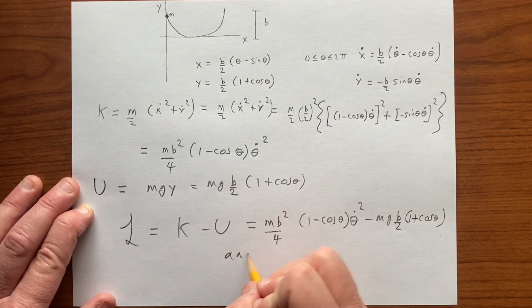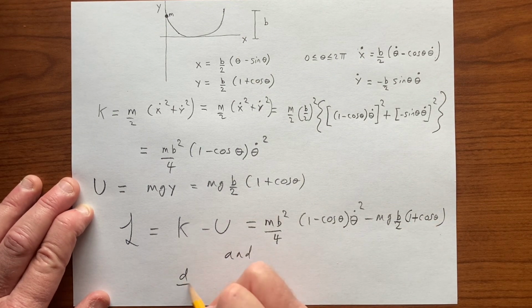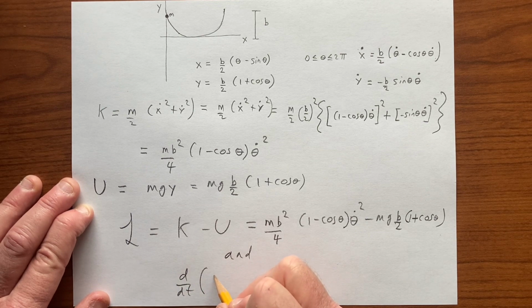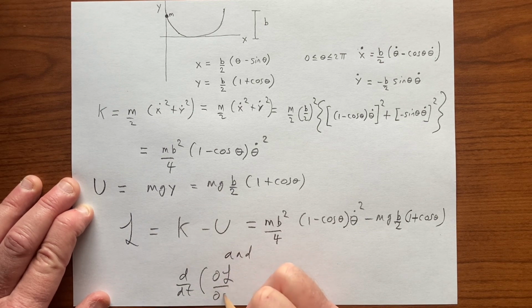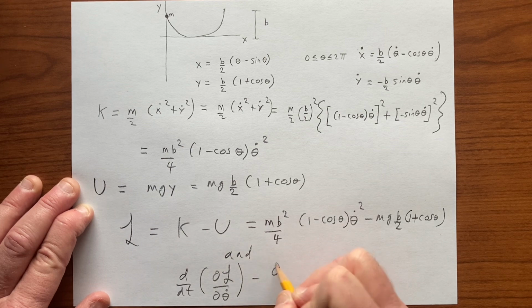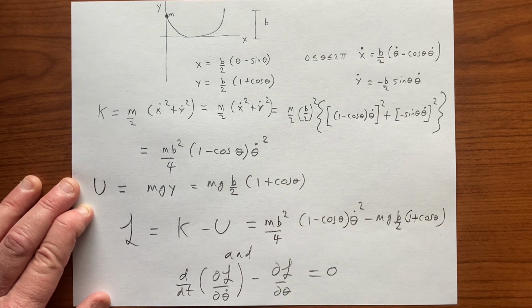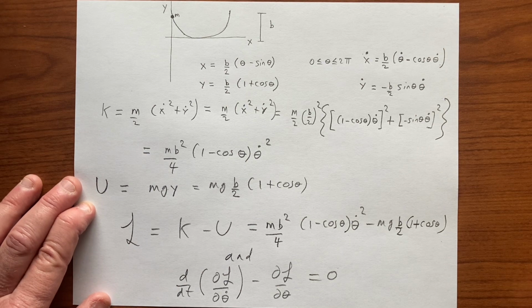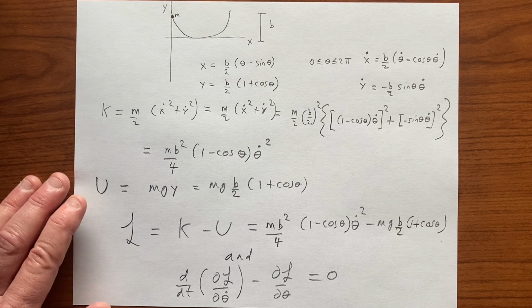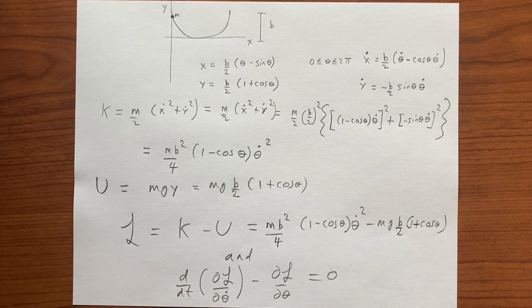Now we want to evaluate d by dt of dL by d theta dot minus dL by d theta equals 0. That's the quantity we want to construct. That will give us the equation of motion. There's only one parameter here that's changing, and that's theta.